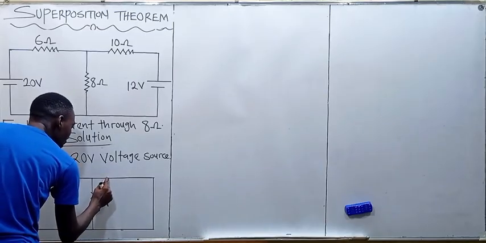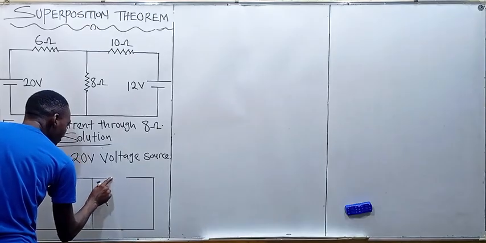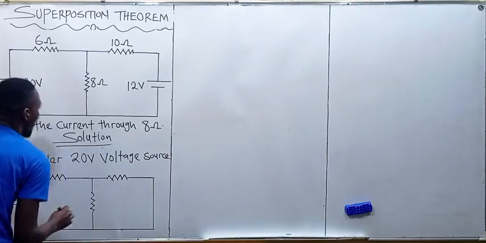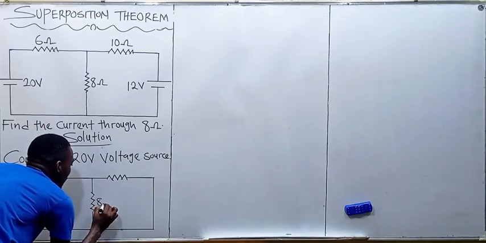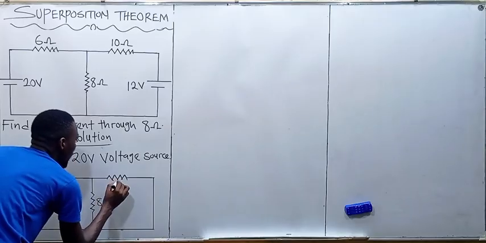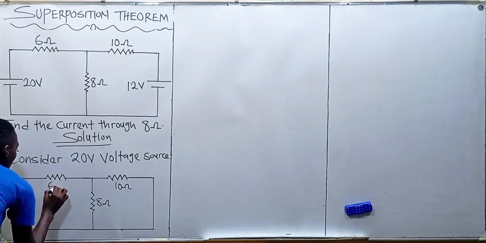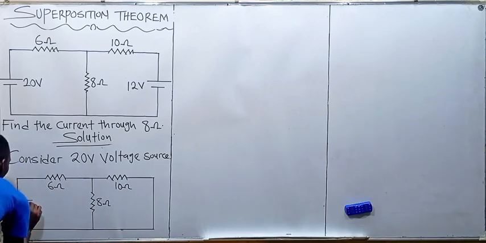So we are having 8 ohms here, 10 ohms here, 6 ohms here, and 20 volts here.